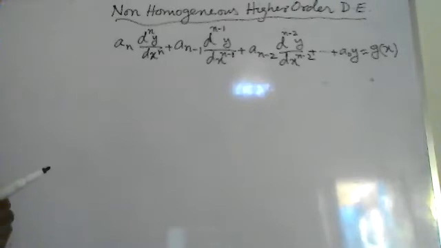So then it will be the homogeneous equation, and we will solve it as usual as we have done in the previous class. The general solution of that one is called the complementary function, and it is denoted by y_c.